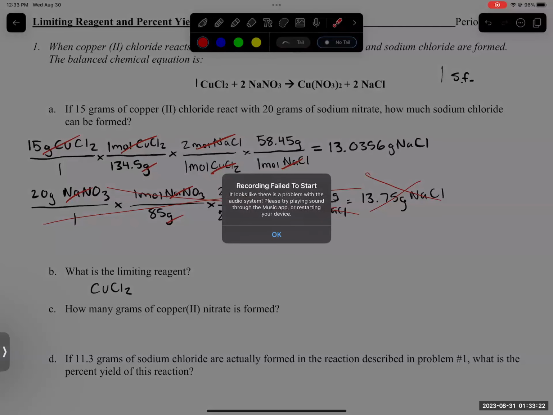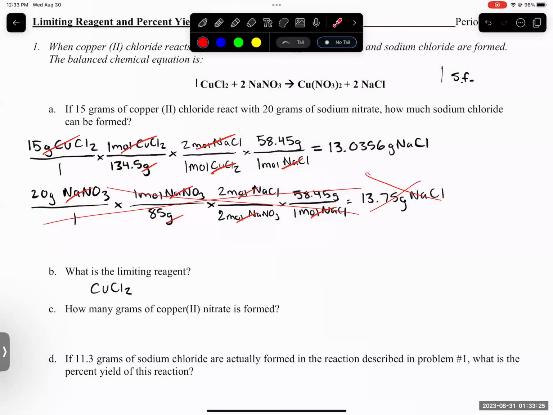So where would we start? Molar mass times moles. Yeah, that's one way. So someone want to kind of walk through where we would go? Use the same equations, but it is the sodium chloride for the copper 2 nitrate.